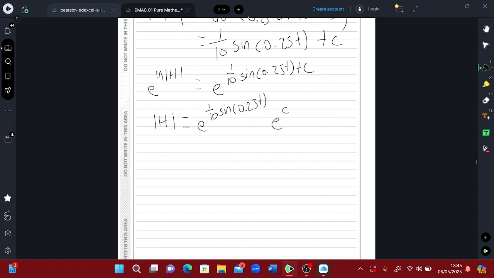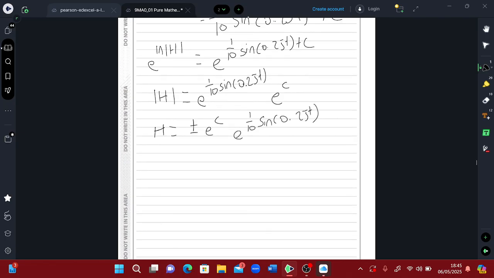So what it's saying here is h would be plus or minus e to the c, e to the 1 over 10 sine 0.25t. Cool. But actually, this is a constant here, and this whole thing is another constant. We could call all of this another constant.